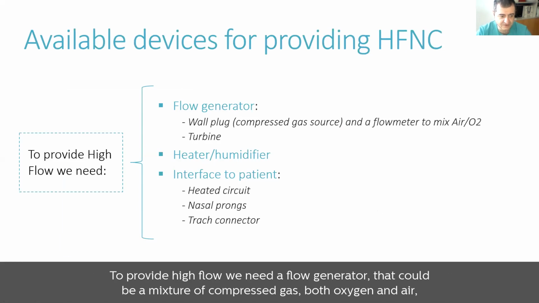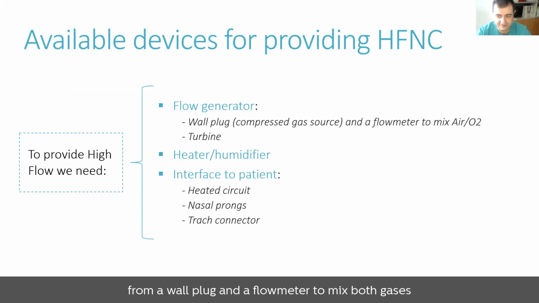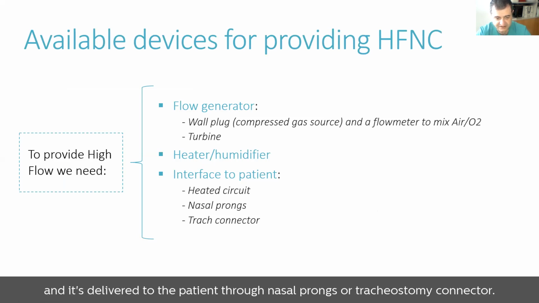To provide high flow, we need a flow generator that could be a mixture of compressed gas, both oxygen and air, from a wall plug and a flow meter to mix both gases. And then a turbine is another alternative to generate that flow. Anyway, that air should pass through a heater and a humidifier, and it's delivered to the patient through nasal prongs or tracheostomy connector.